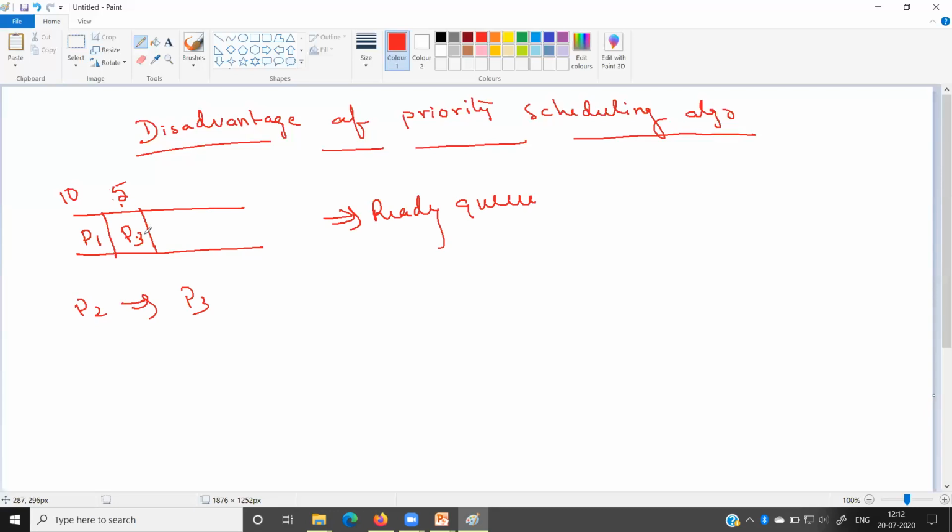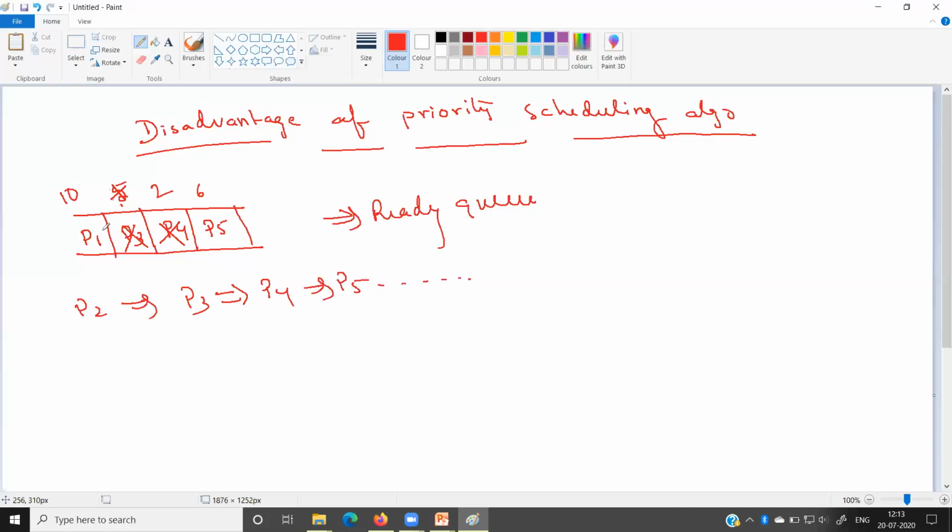While P3 is executing, another process P4 arrived with priority 2. After completion of P3, P4 will get the chance. Similarly, during the execution of P4, another process P5 arrived with priority 6. So after P4, P5 will get the chance, and so on.